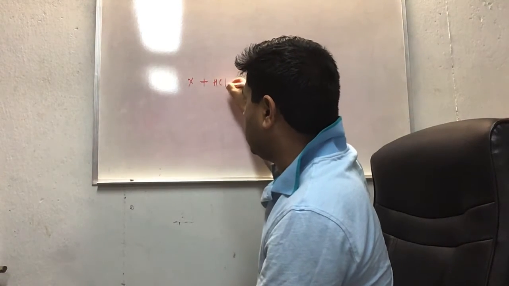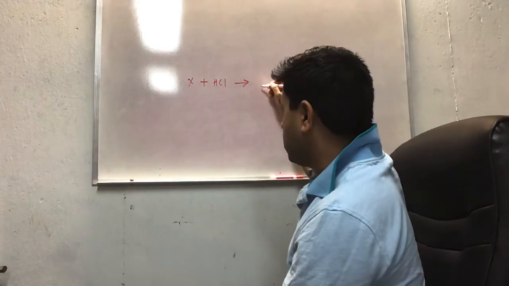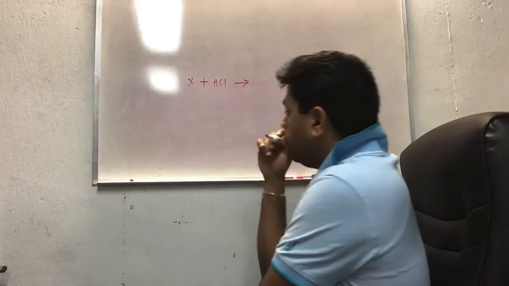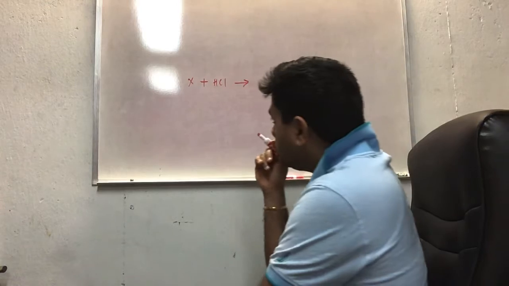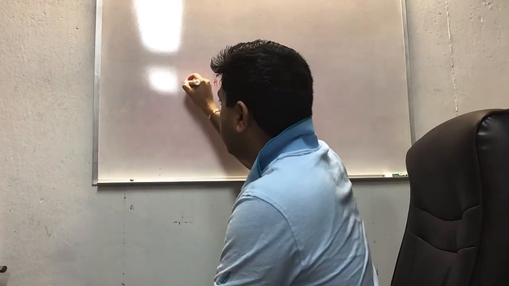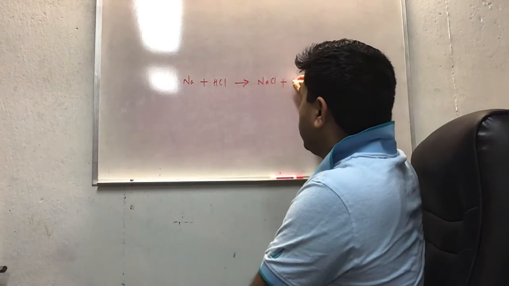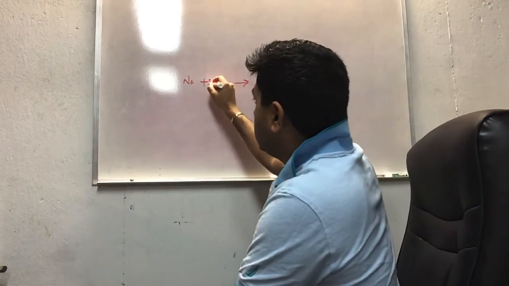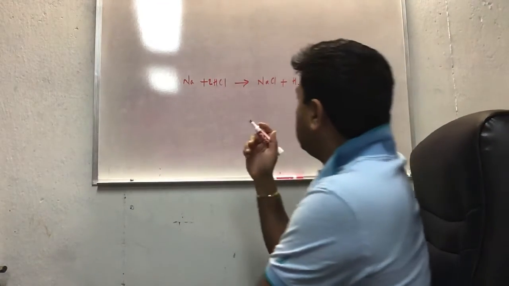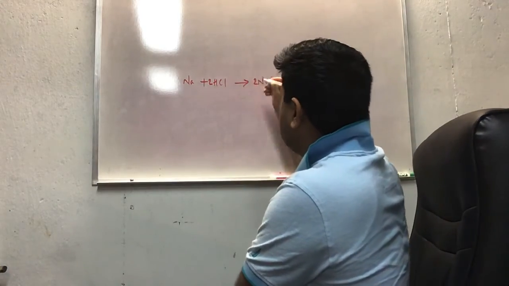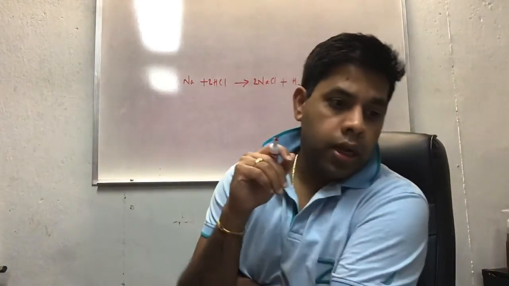So I'm going to take X plus HCl produces, let's take sodium for example. Sodium chloride plus hydrogen gas. So it's 2 and 2. It says a metal is reacted with HCl to produce hydrogen gas.